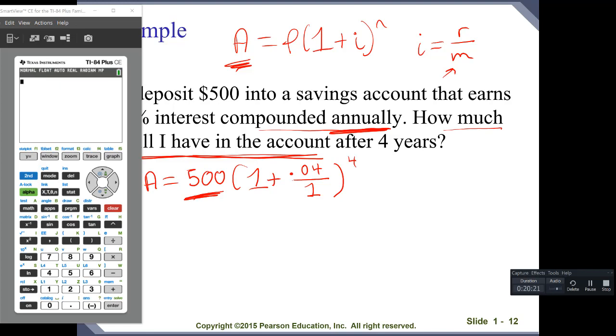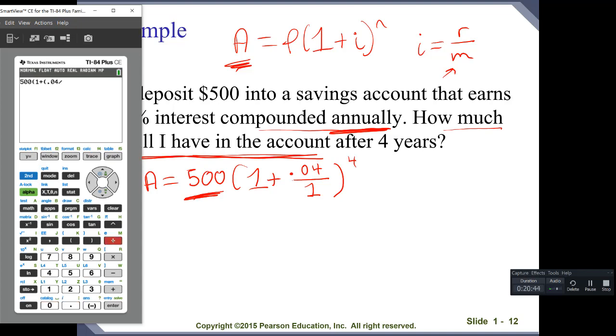It will handle all of this. So what I'm going to type in is exactly what you see after the equal sign. 500 parentheses 1 plus. I have a fraction here. A division problem is just a fraction. And I can just do this in my head, 0.04 divided by 1. But I'm actually going to do it like I normally would if it weren't divided by 1. And I'm just going to enter it as a fraction.